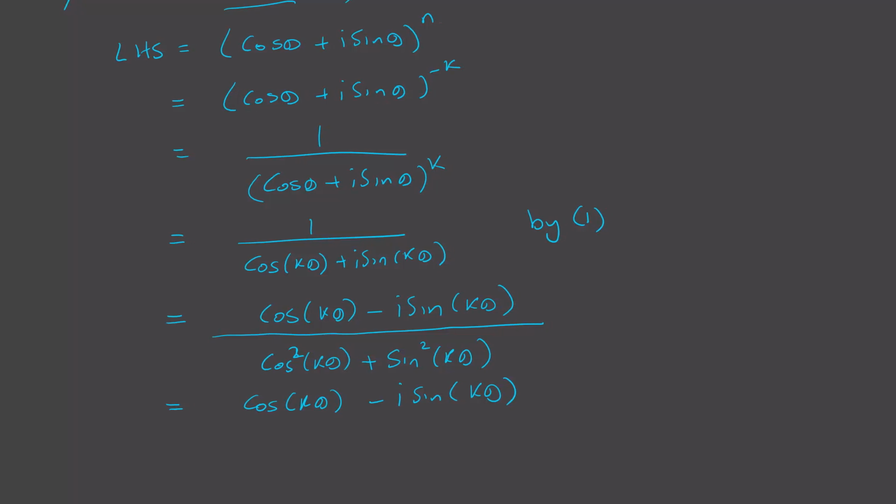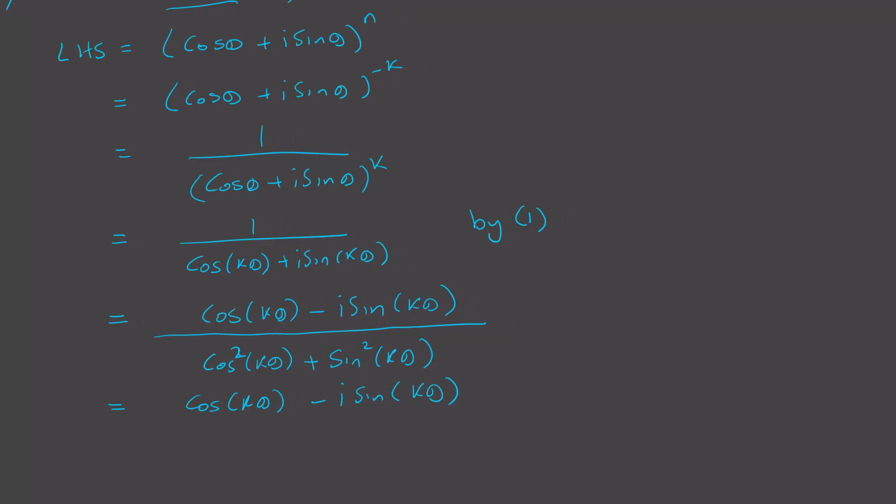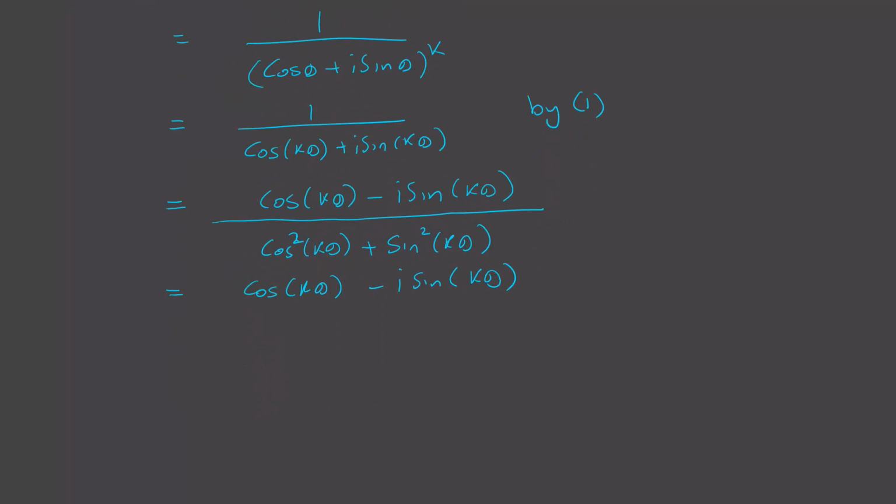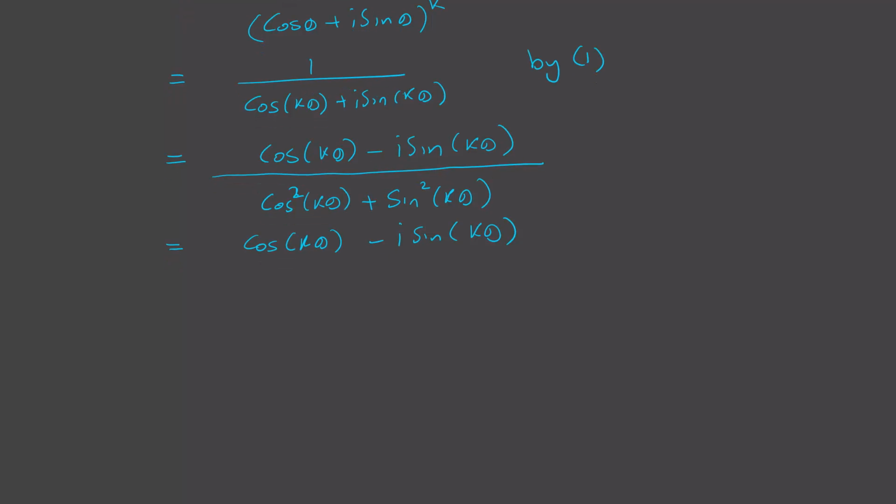Okay, but we know that cosine is an even function and sine is an odd function. So I can say that's cos of negative k theta + i sin of negative k theta, but negative k is equal to n. So that's equal to cos n theta + i sin n theta.